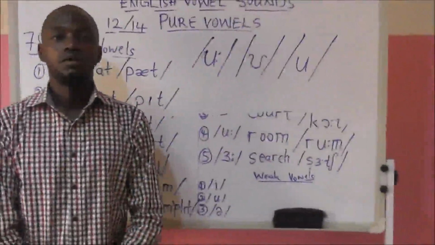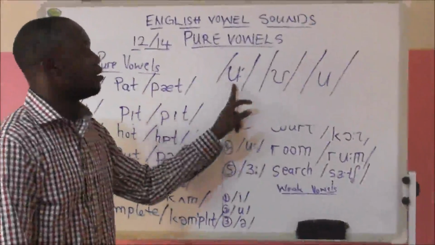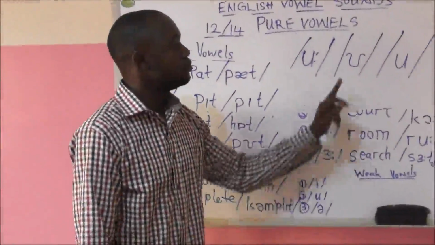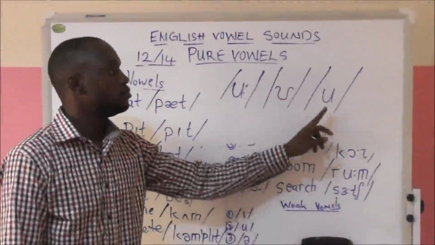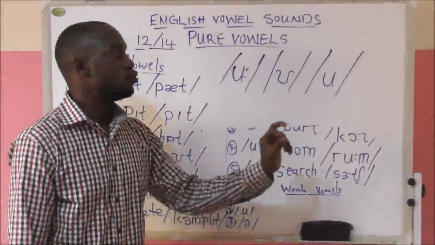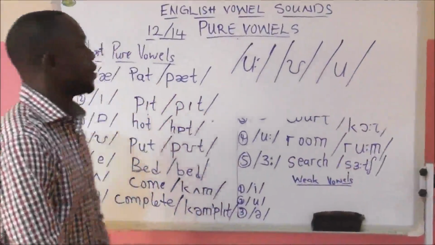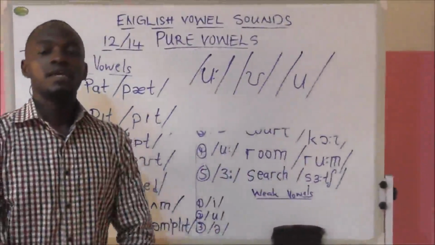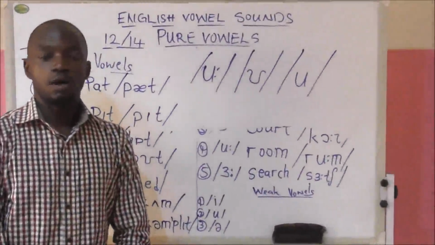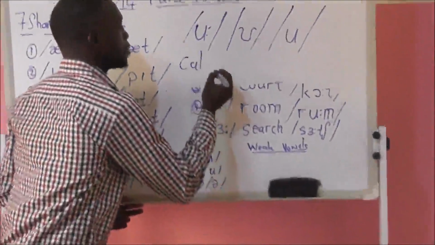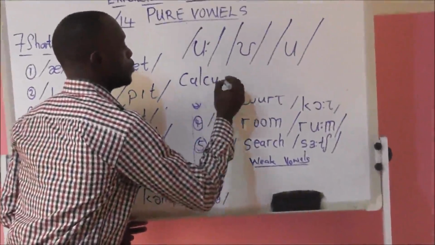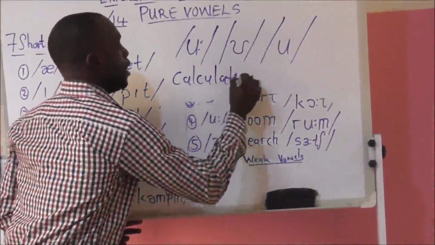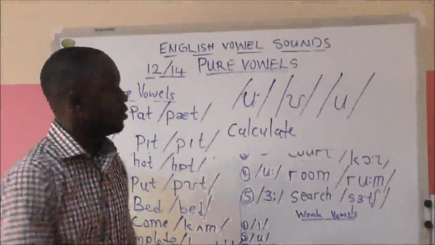Now let me repeat the sounds. You can repeat after me. Ooh. Ooh. Very short. Ooh. Okay. You can find this in unstressed syllables as well. For example, in the word calculate.